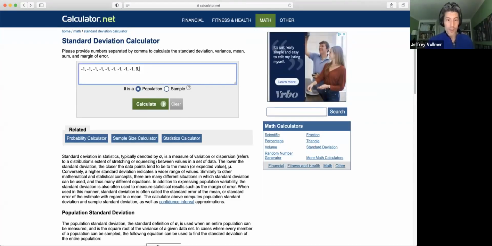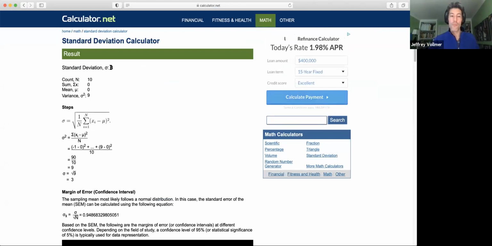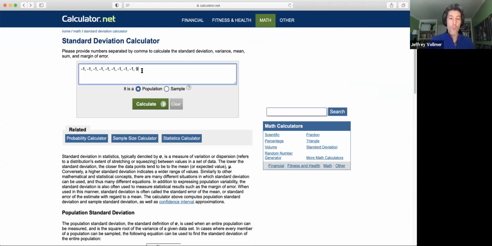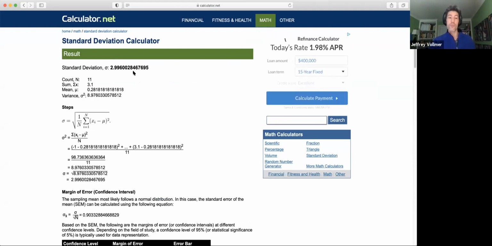So remember our standard deviation here was 3. I could actually get away with adding a little bit more than 3. For example, if I add 3.1, which is beyond one standard deviation of the original set, notice the standard deviation of the new set is still smaller than it used to be. So there is a formula for that.